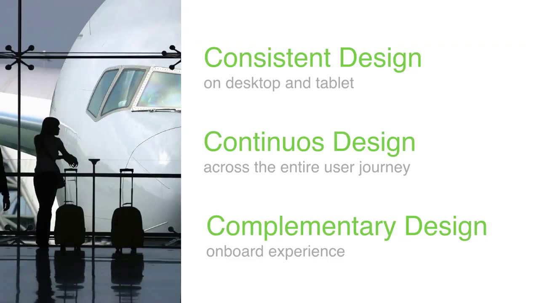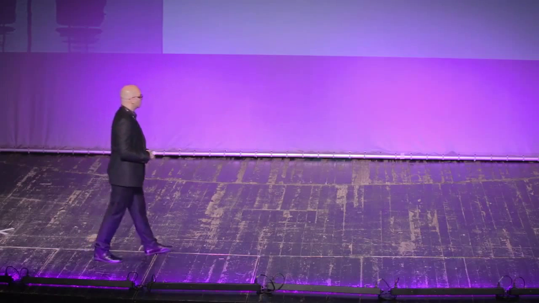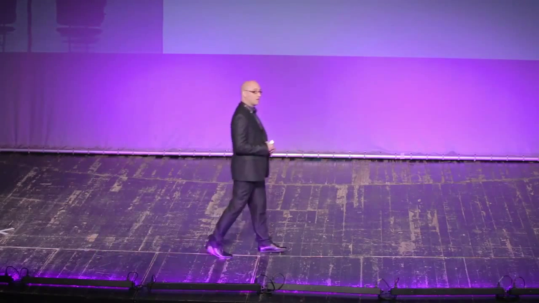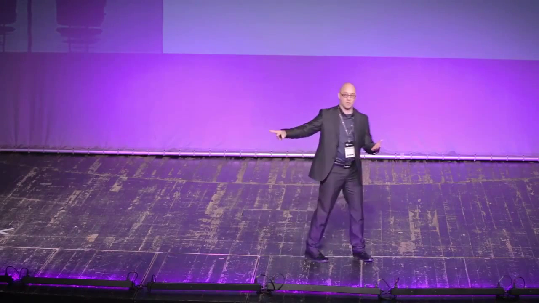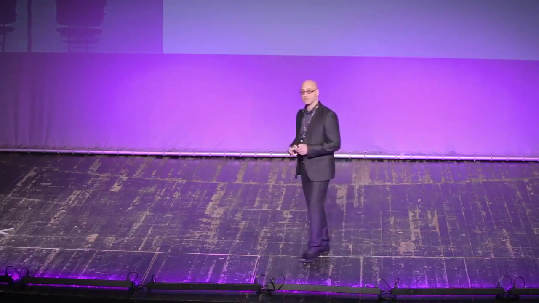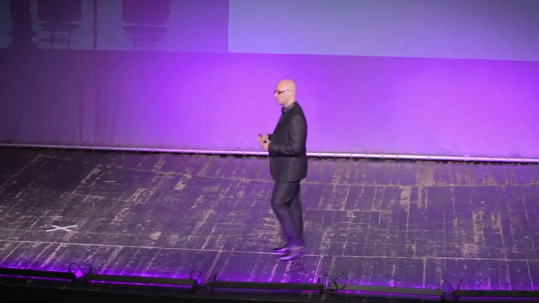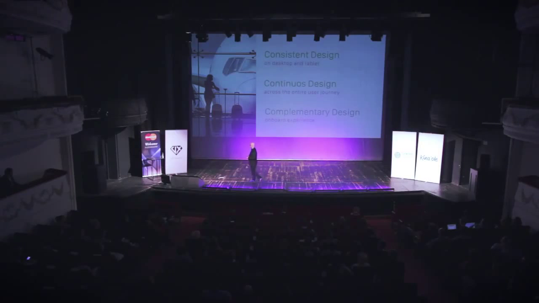The travel market is a very good example, because maybe we want a continuous experience across all the devices in the ecosystem, and we will see some practical examples later.